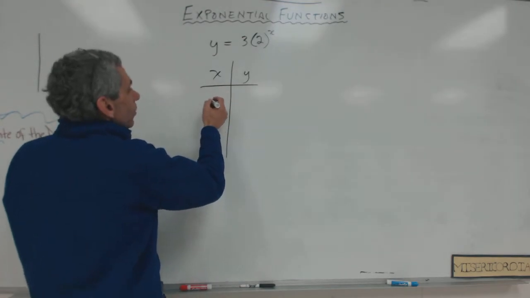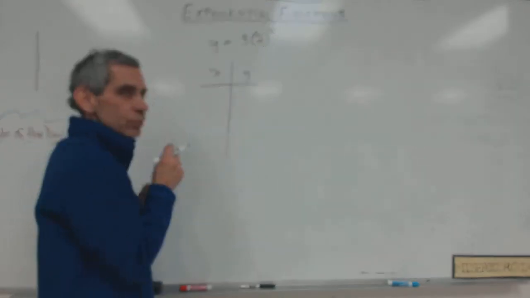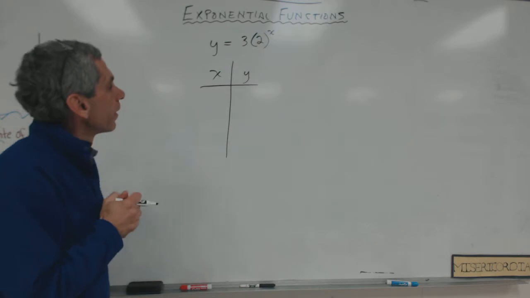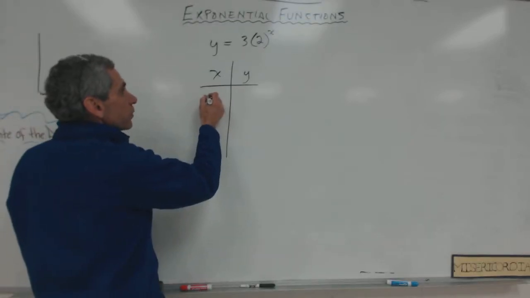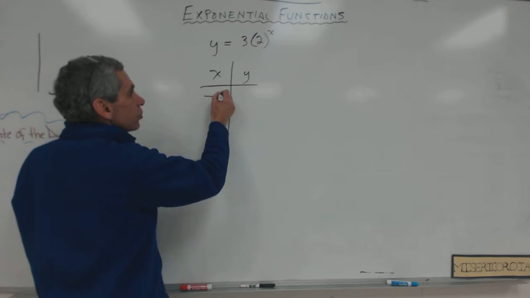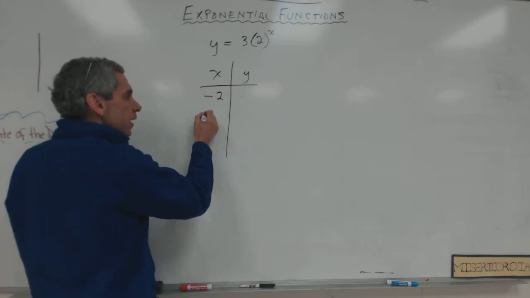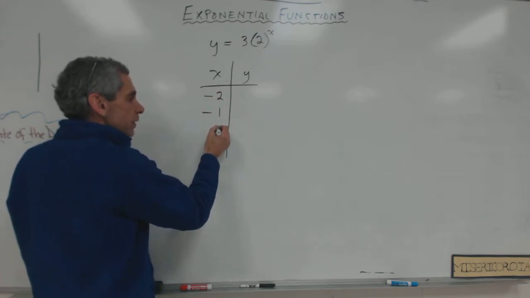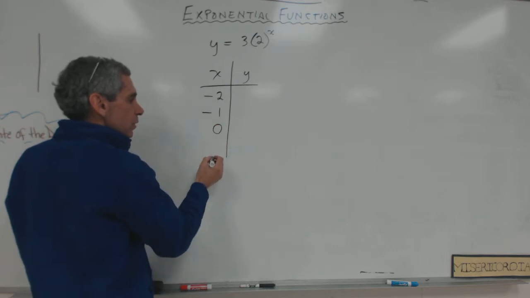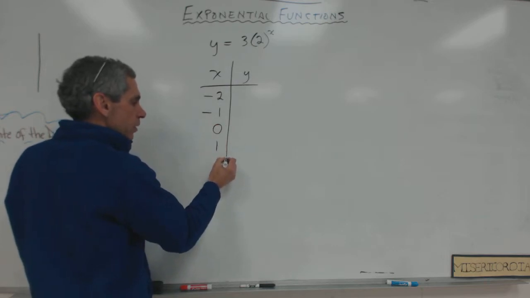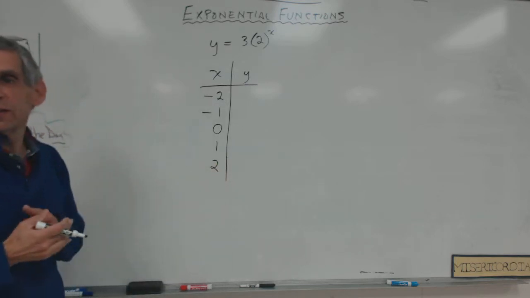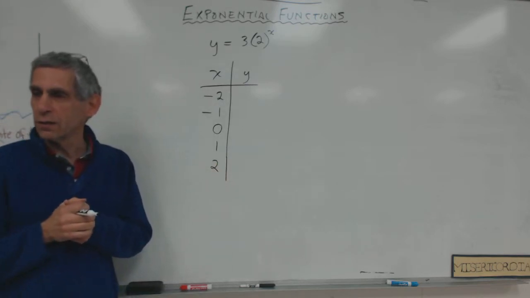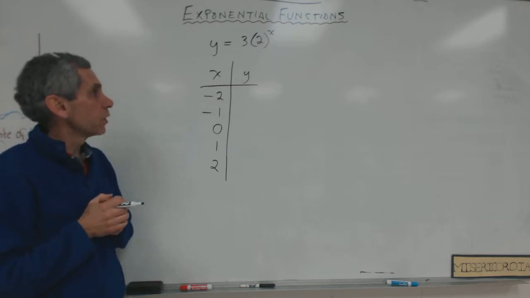All right. So we're going to choose some values for x. Let's choose some negative values. Let's say x is -2. Let's say x is -1. Let's say x is 0. Let's say x is 1. And let's say x is 2. And let's see what our y values are when we plug those in.